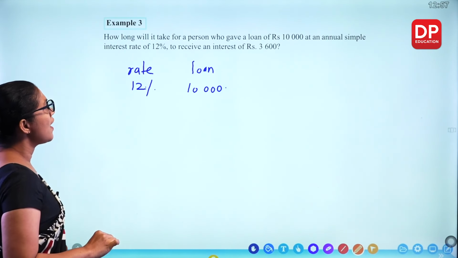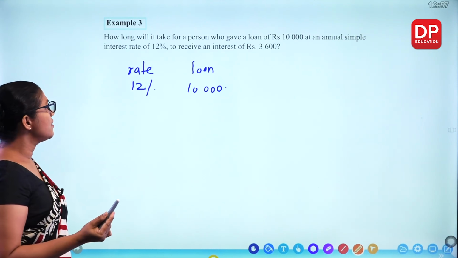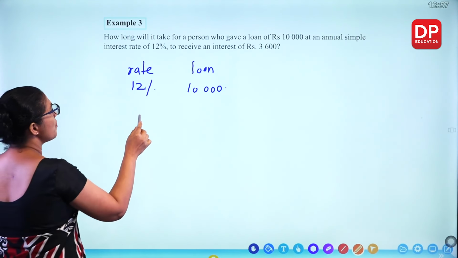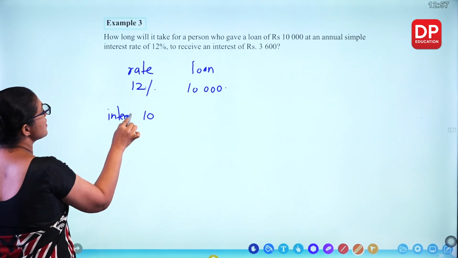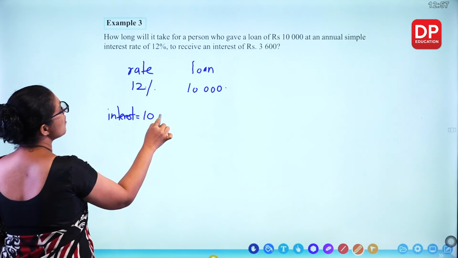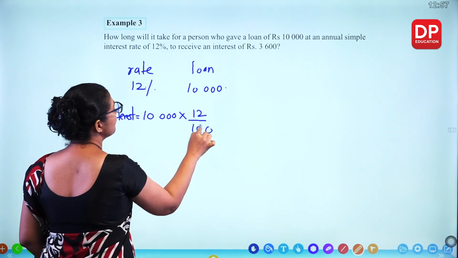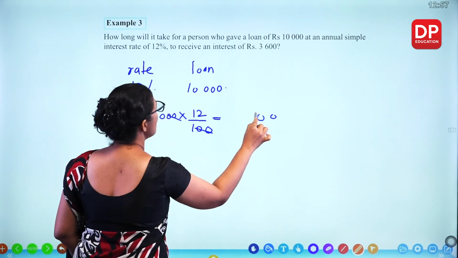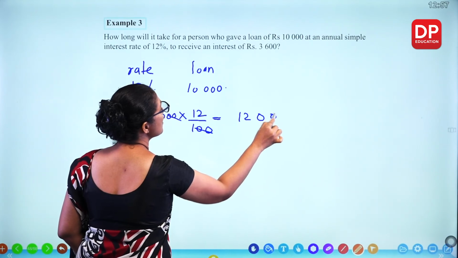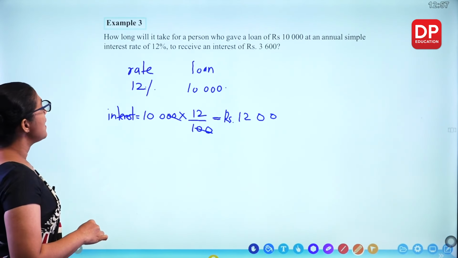First we'll find out, if it's 10,000, what's the interest he has to pay. Interest is 10,000 into 12%. 2 zeros get cancelled out. 12 times 0, 0, 12. That's 1,200 rupees.